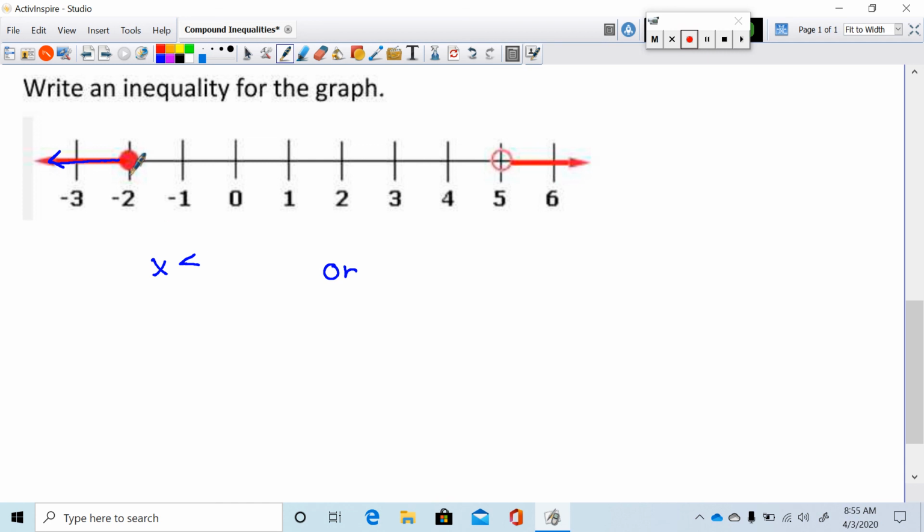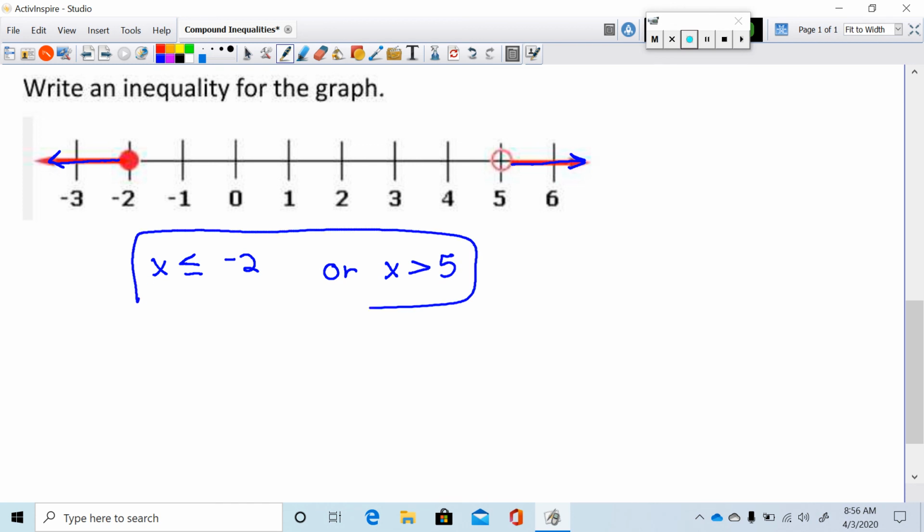And because it's a closed circle, I underline it, and then that number is negative 2. Now this next one, always start with x. This arrow is pointing to the right, so you want your inequality to point to the right. And because it's an open circle, you do not underline it, and the number is 5. So this is the inequality for that graph.